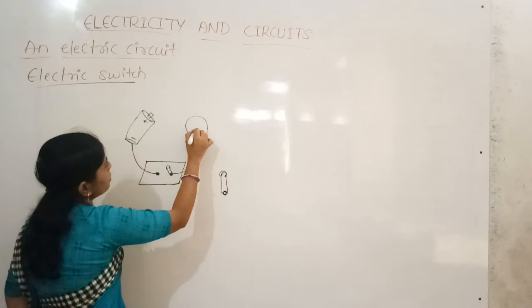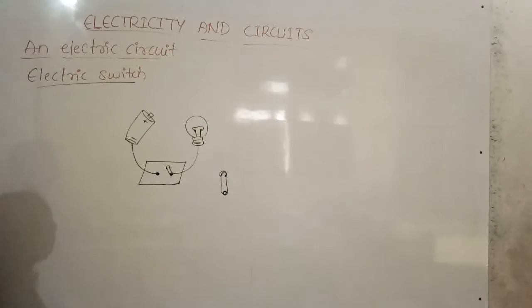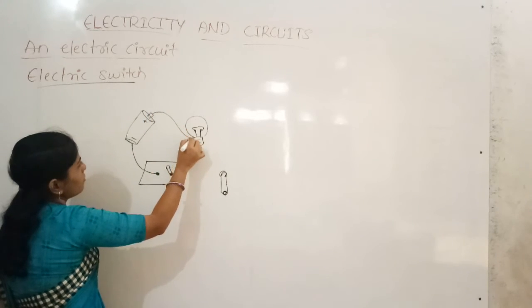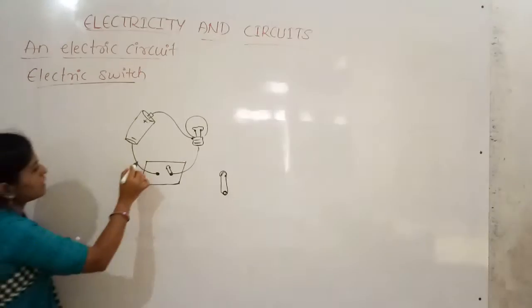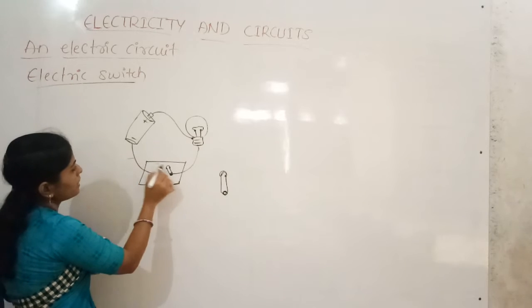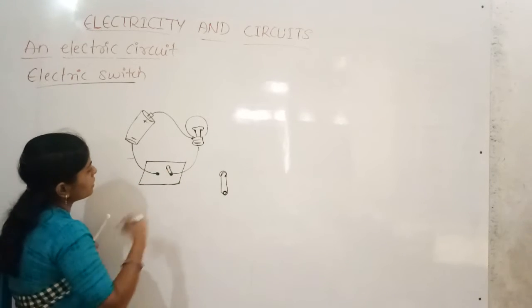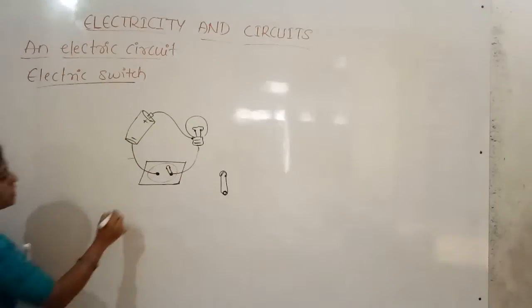Okay, so this is the bulb you have connected here, and one more wire you have to connect with this. So this is your circuit, and this is the switch. This arrangement we have shown here is the switch.